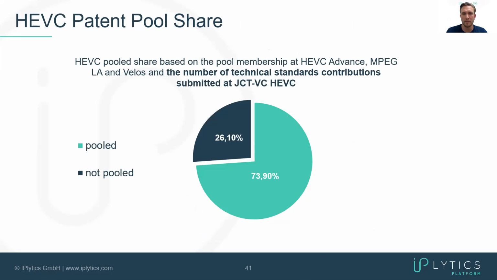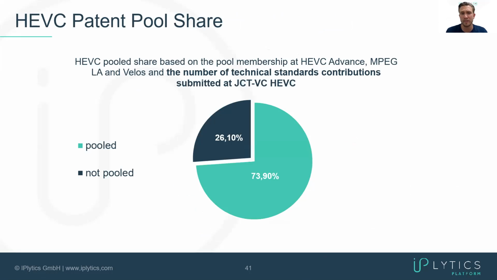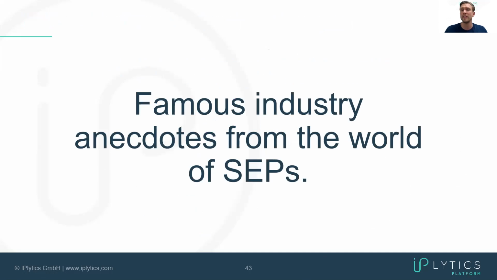However, coming back to patent pools in the video coding space, by our estimation there's a much higher share of patents pooled for HEVC, almost over 70%, and those three pools hold different percentages. So you see, it's complex. Pools may reduce the number of patent holders you have to get a license from, but they may not have 100% of patents included.